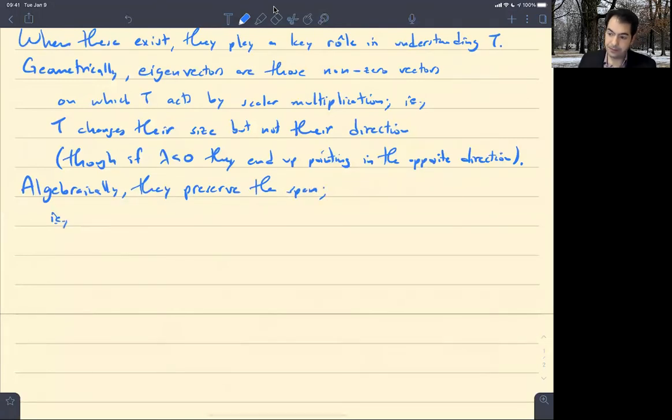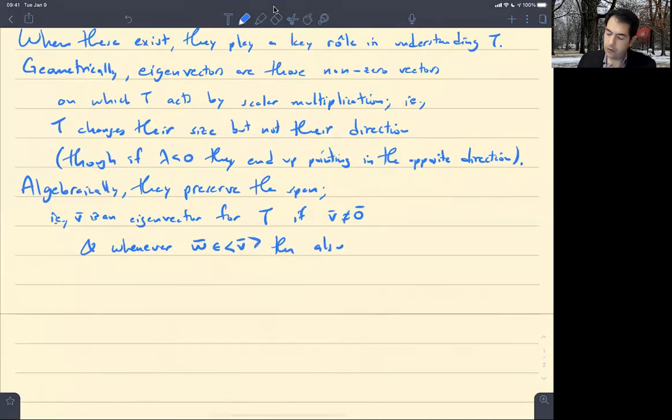So that is to say, V is an eigenvector for T if V is not 0 and whenever W is a vector in the span of V, then also T of W is in the span of V. Okay. So that's one way of thinking about what it means to be an eigenvector.